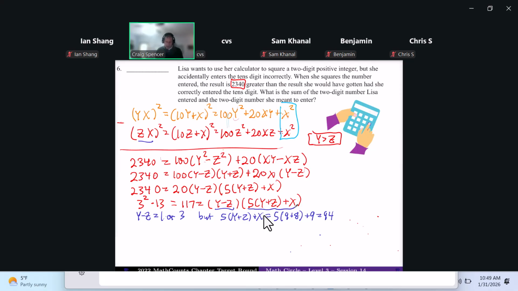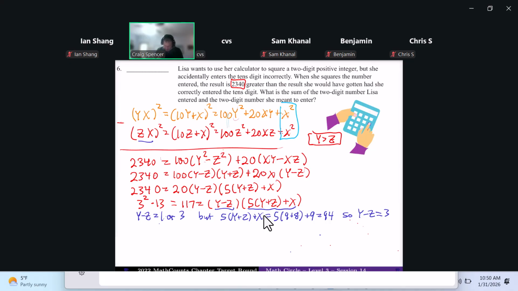So there's no way y minus z equals 1, because then all of that 117 would need to live inside this other factor, and that can't happen. So y minus z has to be equal to 3. Sorry, y minus z needs to be equal to 3, because if this was 1, we would have a problem.